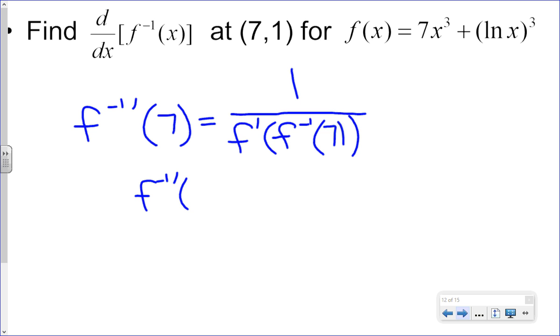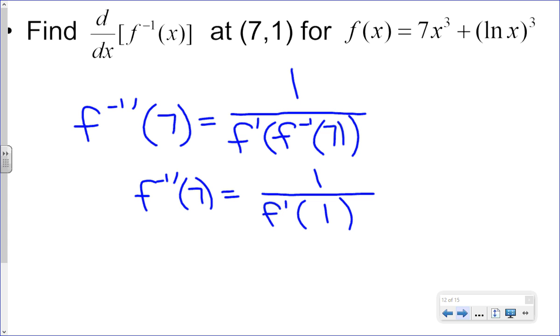The inverse derivative at 7. What do we know about f inverse of 7? It's 1. Okay. So what we need is the f derivative at 1, the function's derivative at 1.